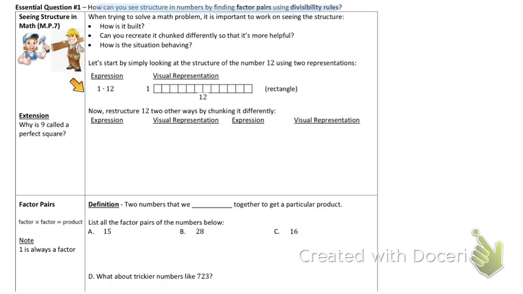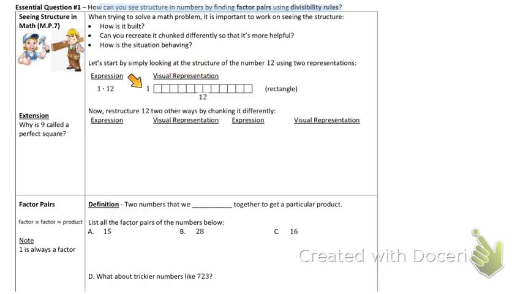So let's shoot down to this example here of multiplication structure, and we're going to use the number 12. As you can see in multiplication, we can represent the answer 12 in a certain way. We could represent it as 1 times 12, just as you see here. This is the expression of 1 times 12. The visual representation uses squares to represent the multiplication of 1 times 12.